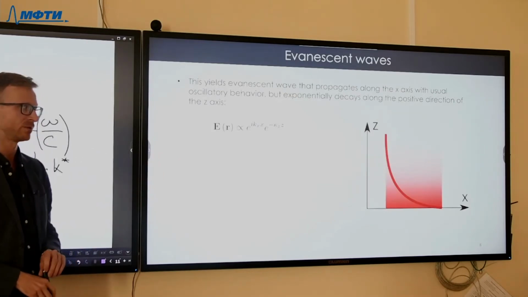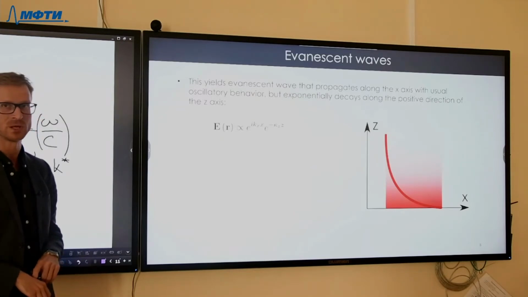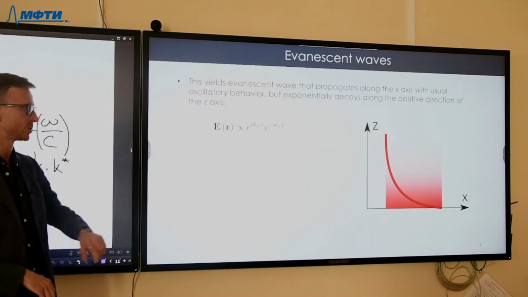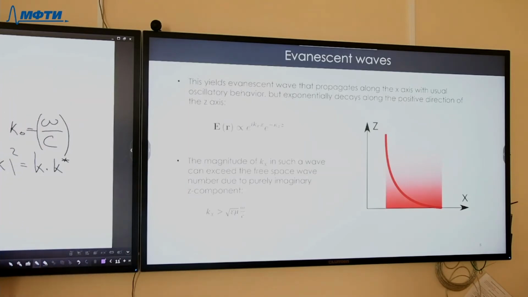This is an evanescent wave which can exist in any medium as long as permittivity and permeability are both positive. And like I said earlier, the magnitude of the vector may exceed the k naught in the medium by many times because of the unusual dispersion relation that we're dealing with.